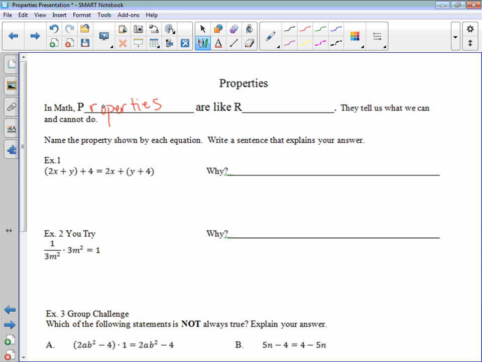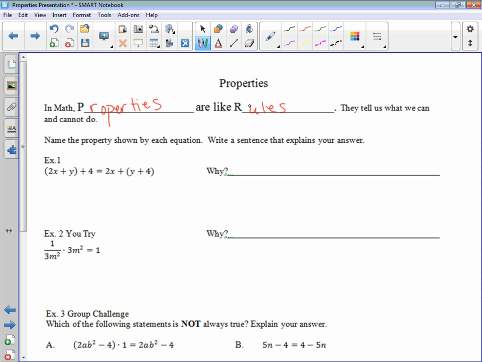Properties, that's the commutative, associative, identity, distributive. Those are like the rules, the properties. Properties are like, what's the R word? Rules, like reglas. Write it down so you don't forget. Those are like the rules that tell you how you can do certain things in math.